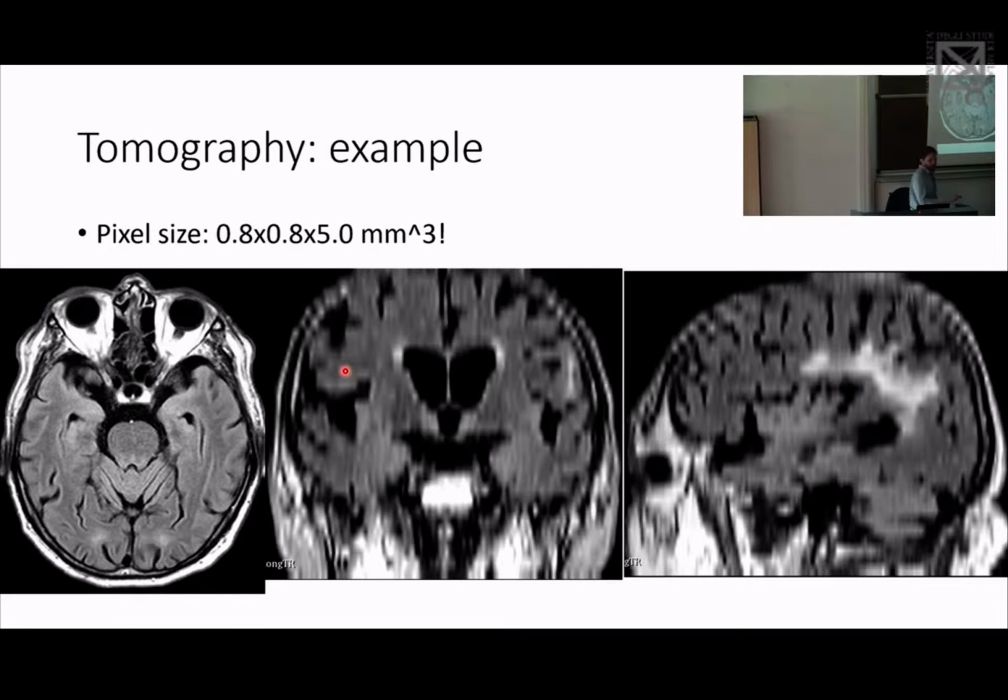Let me give you an example of tomography. This is a 3D MR of the brain. The pixel sizes are 0.8 millimeters times 0.8 millimeters times 5 millimeters. You can see that the resolution along one axis is much worse than along the other two.